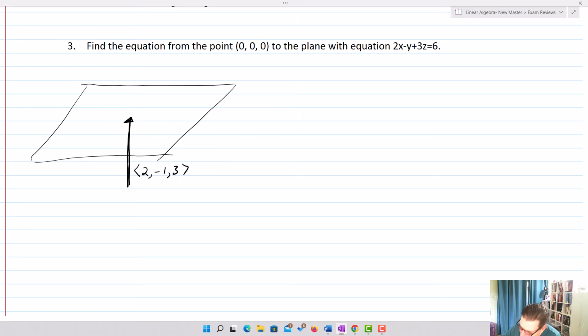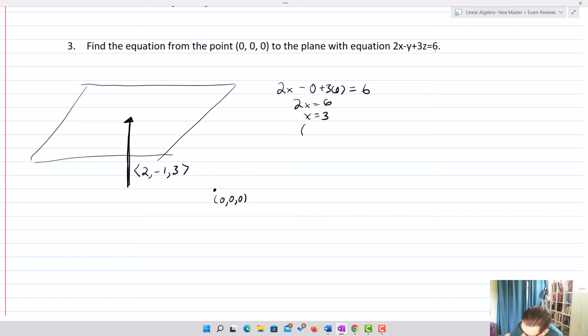Imagine here's 0, 0, 0, and I'm going to pick a point that's actually on the plane. The easiest thing to do is to say that y and z are equal to 0. So I've got 2x minus 0 plus 3 times 0 equals 6, which means 2x equals 6, so x equals 3.